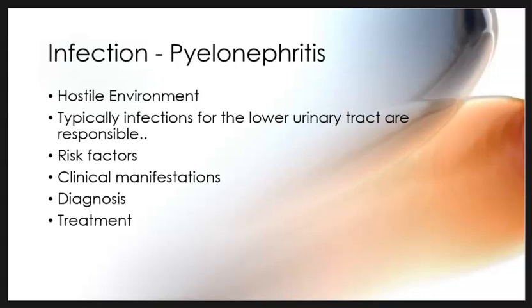Presence of significant bacteria and white blood cell casts will be seen. Imaging, you'll see maybe some scarring to one or both kidneys that are smaller than normal, and they may be distorted. So treatment of pyelo typically includes an antimicrobial therapy for 7 to 10 days. If septicemia is present, the patient may need to be hospitalized for management of their blood pressures while they're undergoing things like IV antibiotics.